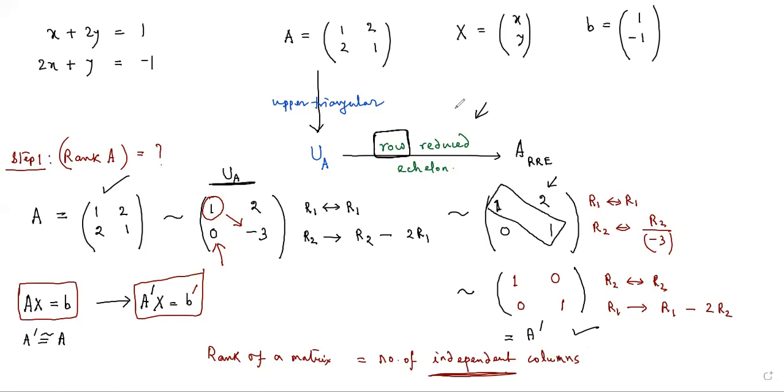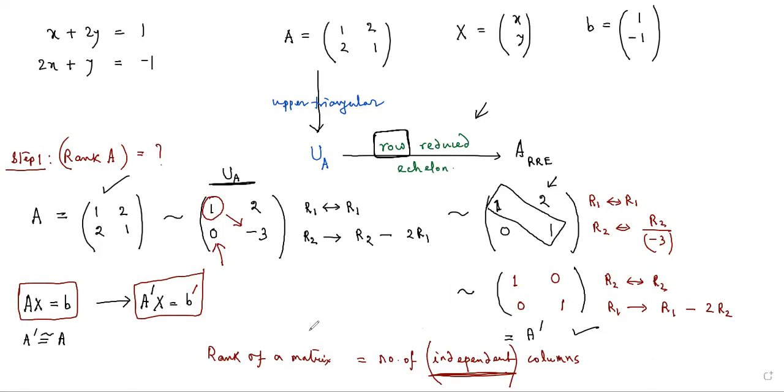Rank of a matrix, number of independent columns. The word independent, you will understand once I proceed with further sections on vector space. Right now, we are not going to understand what we mean by independent. Here, independent has a special meaning in this sort of mathematics.